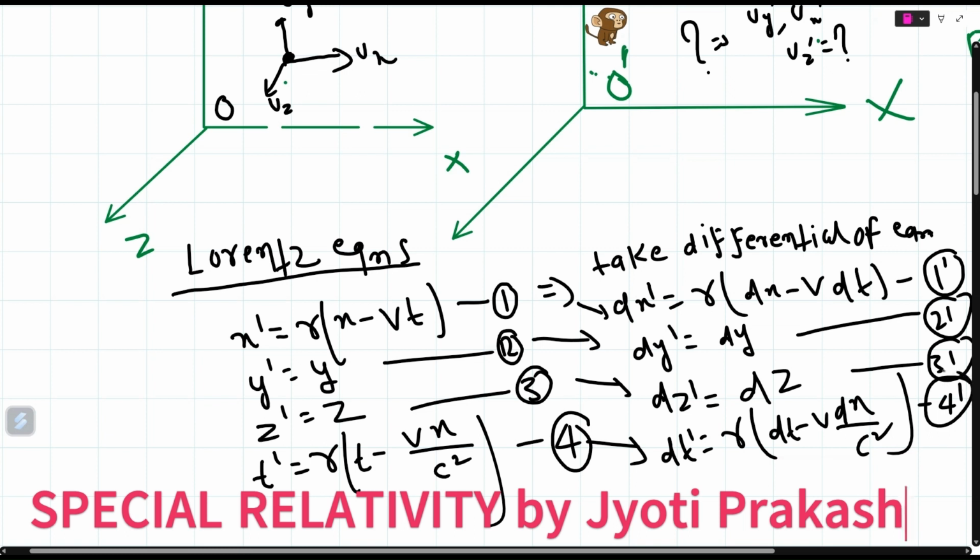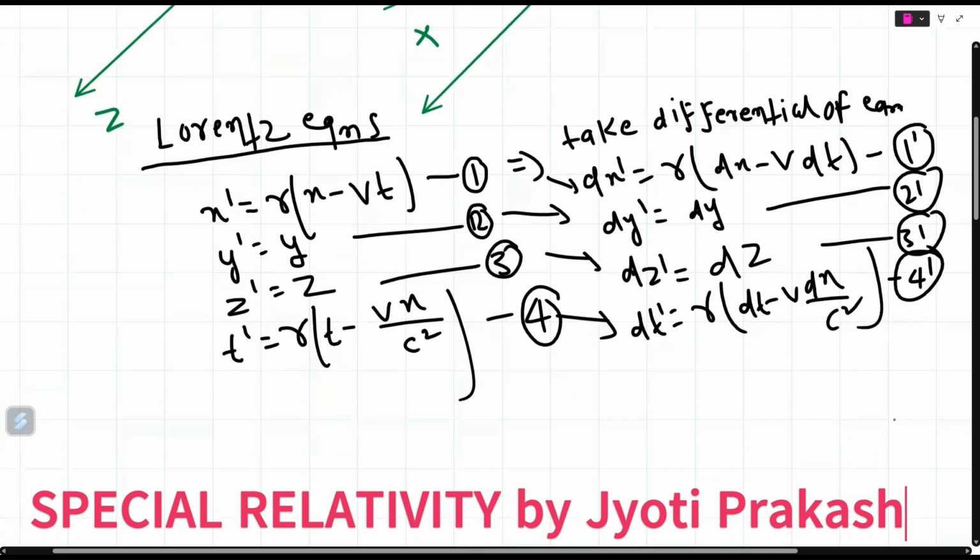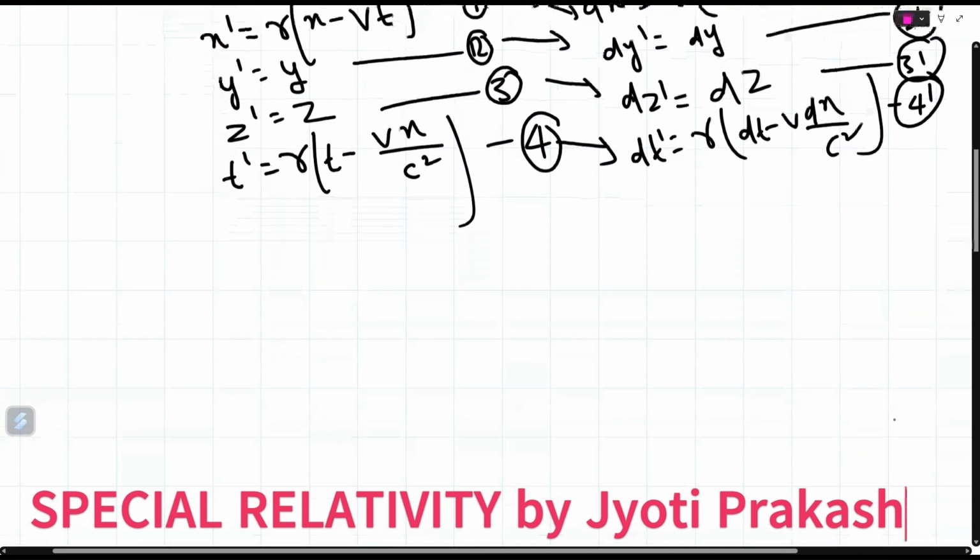Now our stage is set for obtaining the velocity in S prime as ux prime, uy prime and uz prime.